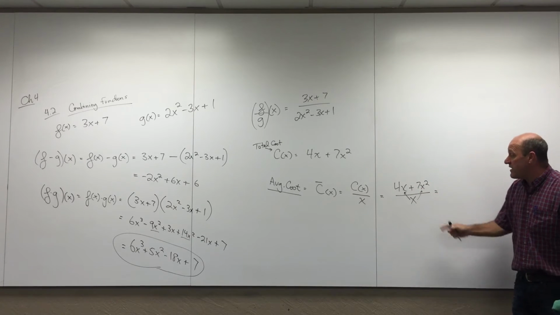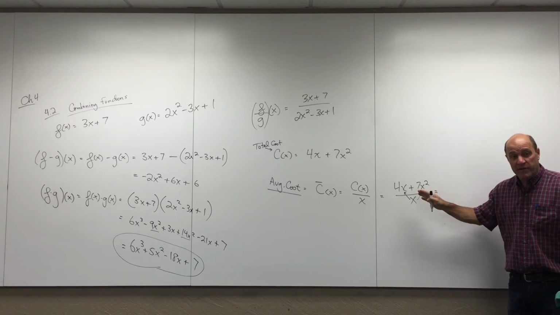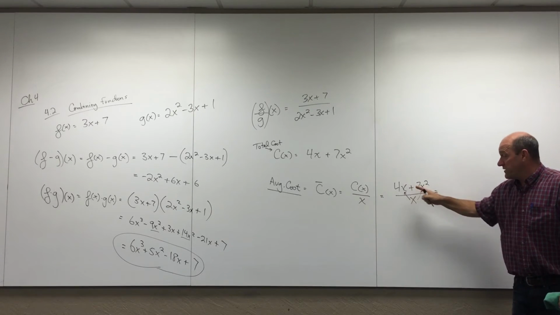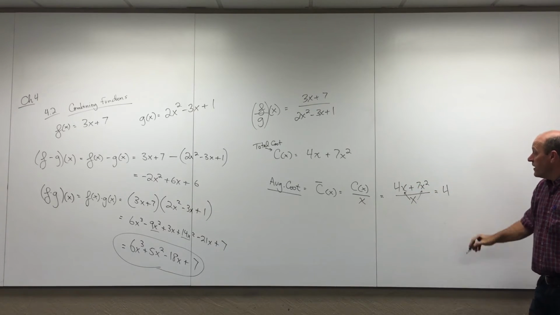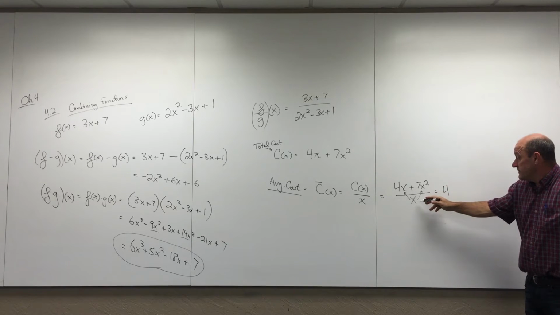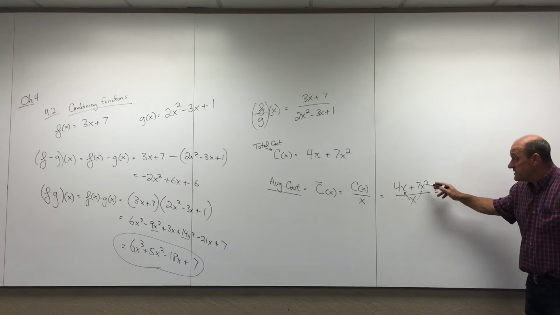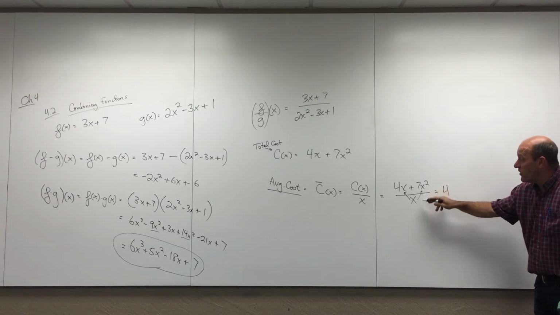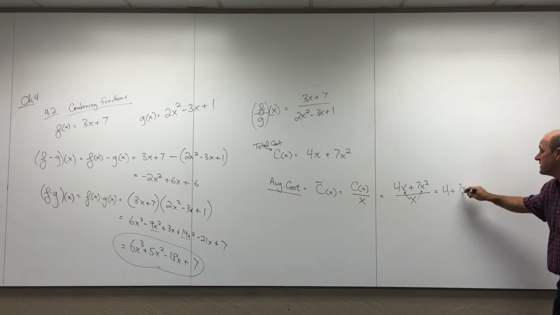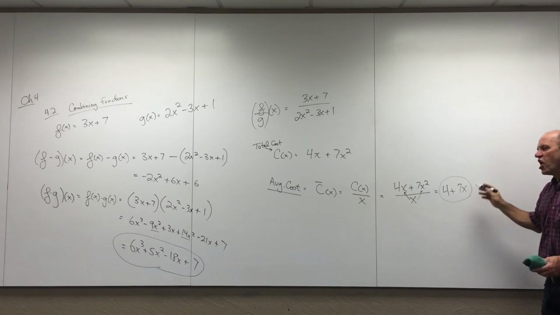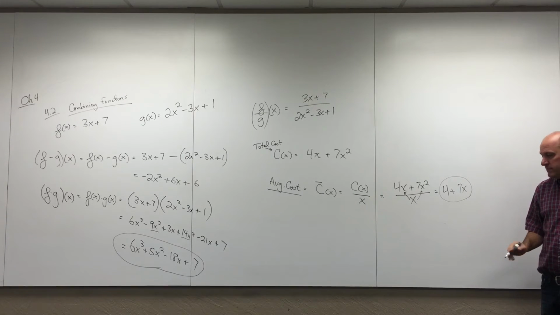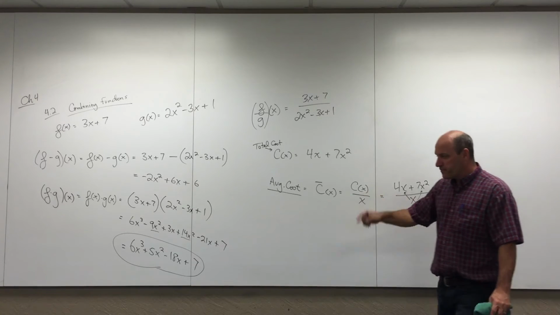It'd be bad if you only did one of these, though. The whole thing is divided by x. So what's the 4x divided by x? 4. What's the 7x squared divided by x? You cancel one of the x's and it leaves you with 7x. This is your average cost function. Not a big deal.